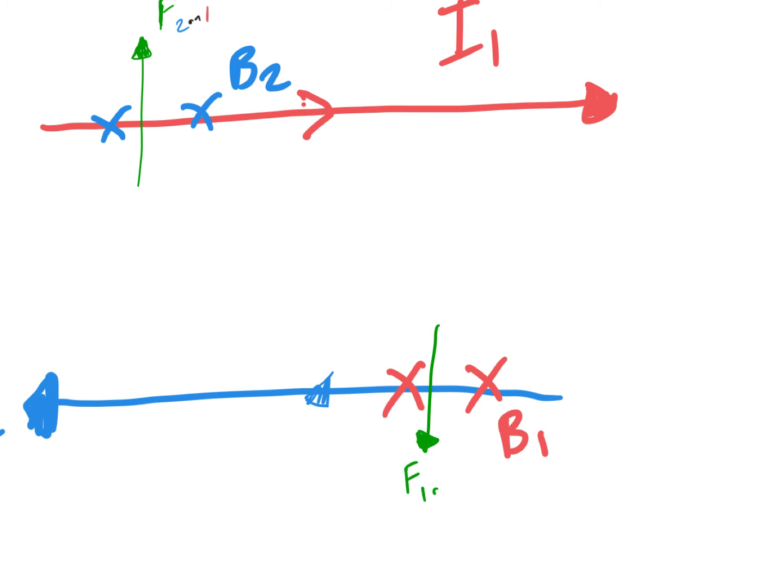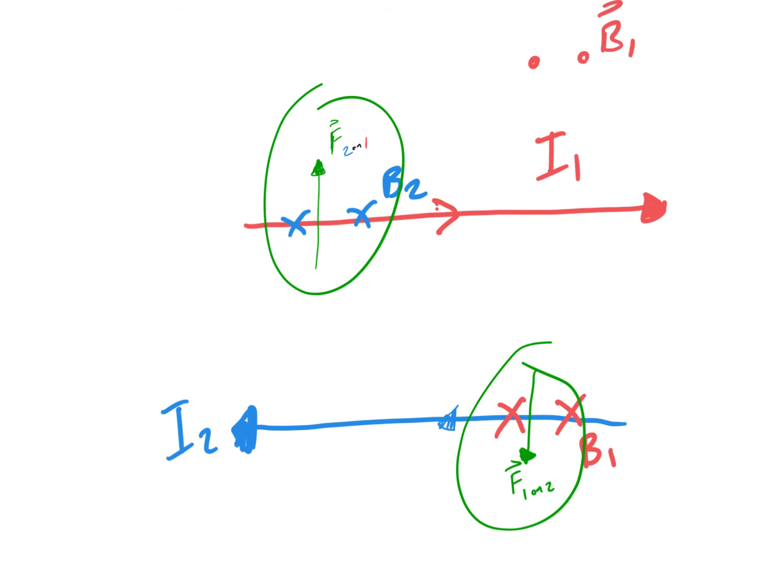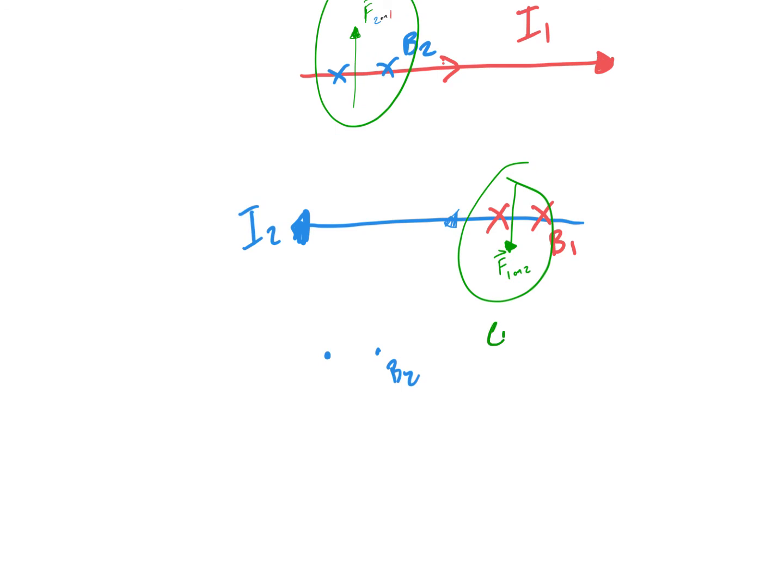That's the force of 1 on 2. And we see the repelling happening again. So when the currents are in opposite directions, you get that the wires repel.